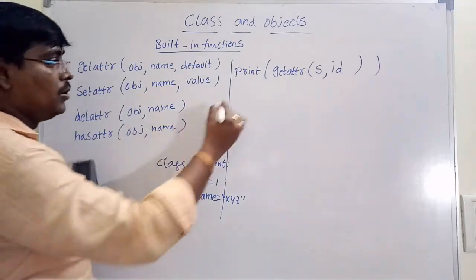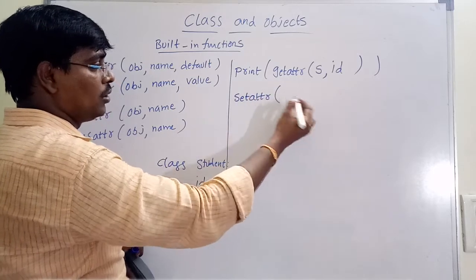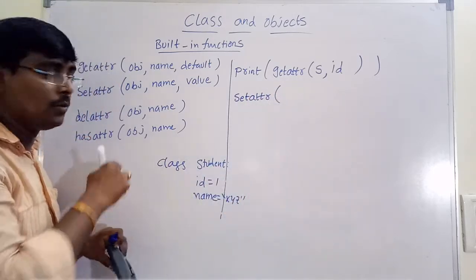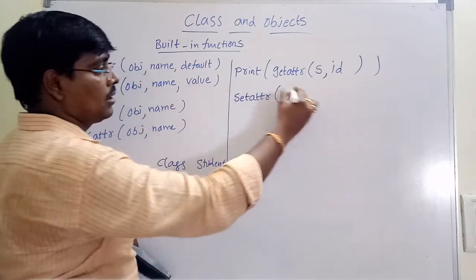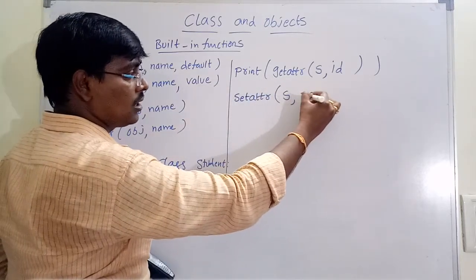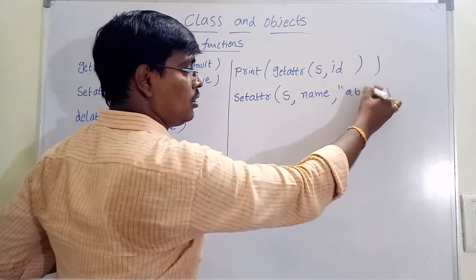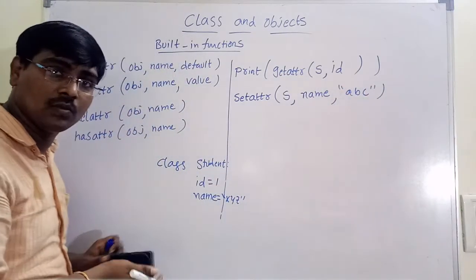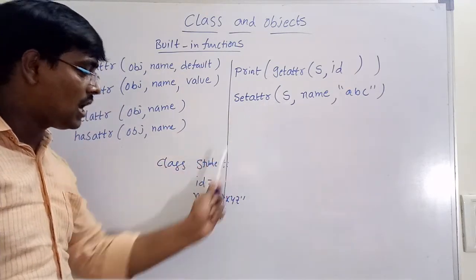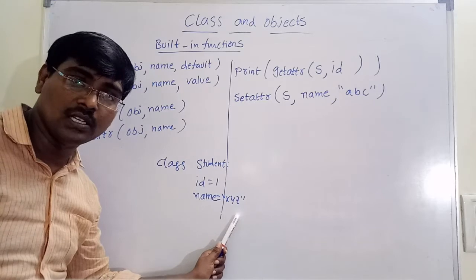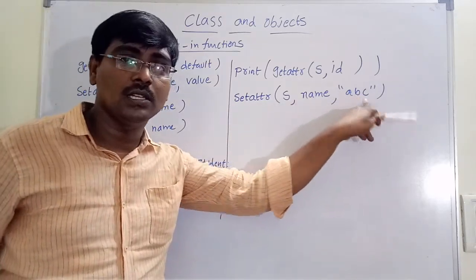Similarly, setattr. There is no print statement here. Setattr on object s, attribute name, with value abc. What is the meaning of this? For object s, the attribute name has the value xyz, and I am changing the name value to abc.